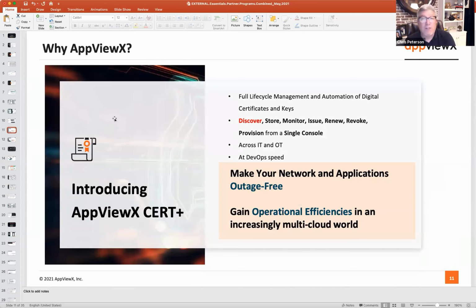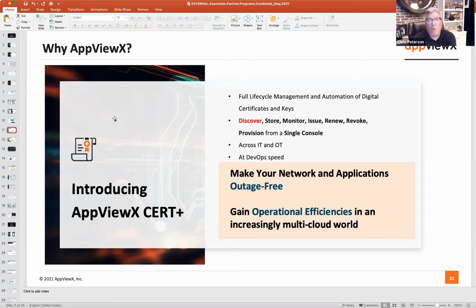So why AppViewX and why CERT Plus? I'm going to speak a bit about full lifecycle management and automation of digital certificates and keys. What we do from a single console is give you and your customer the ability to discover every certificate on the network and every device, store, monitor, issue, renew, revoke, and provision from the AppViewX console.